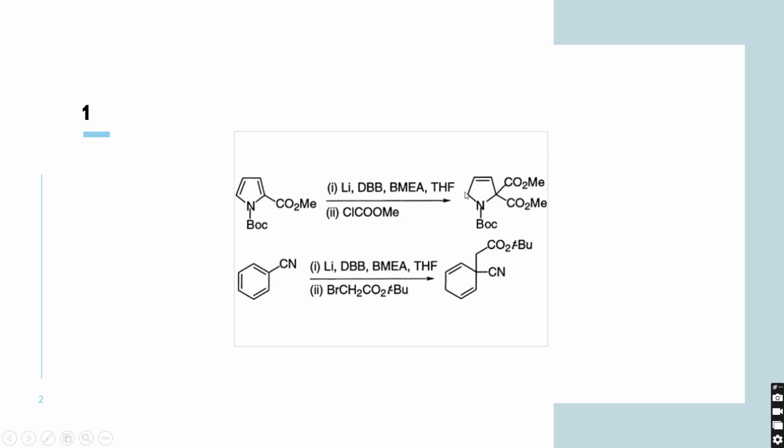At the first step, you have to carry out Birch reduction, and in the second step, you have to react this reagent with the anion that you will get in the first step.